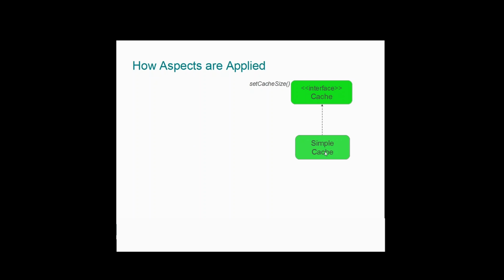Any method that starts with set here. If at least one method matches that pointcut expression, then Spring will create a Spring proxy object in the bean post processing phase.